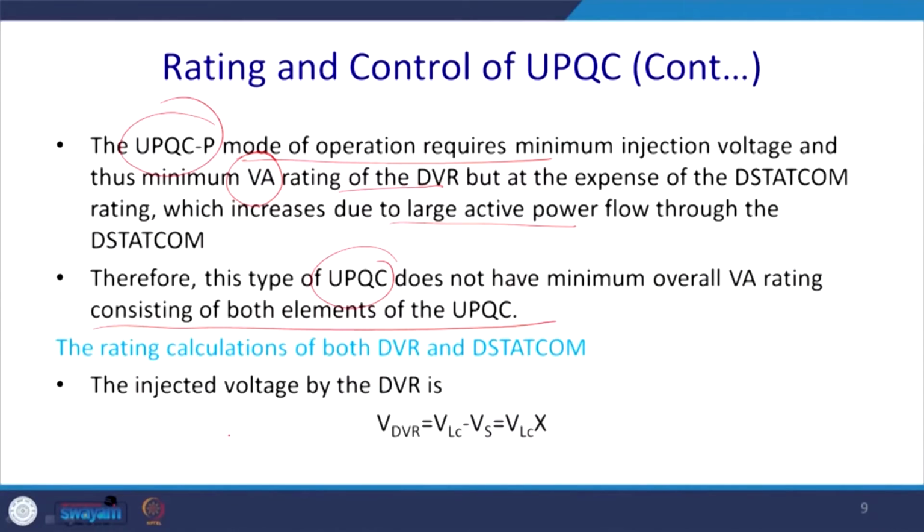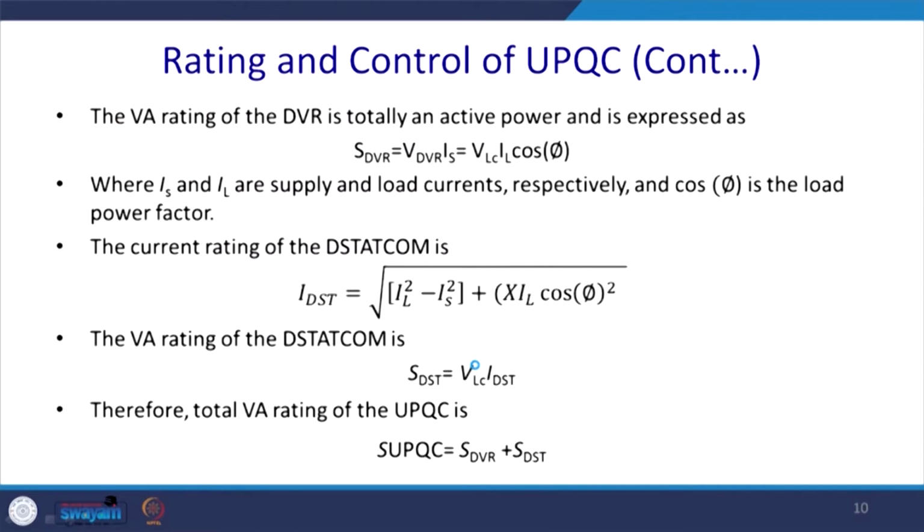The rating calculation of both the DVR and the D STATCOM, we can do as we have done in case of the UPQC Q. The injected voltage of the DVR is VLC minus Vs, ultimately we can refer to it as the sag factor, VLC into X, where X is the sag factor.